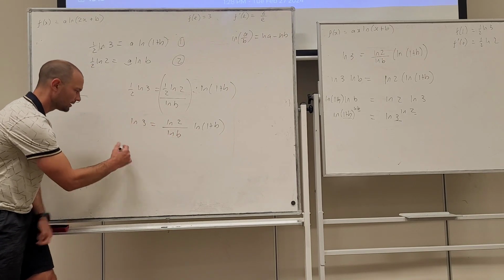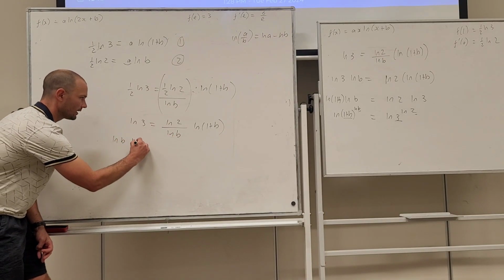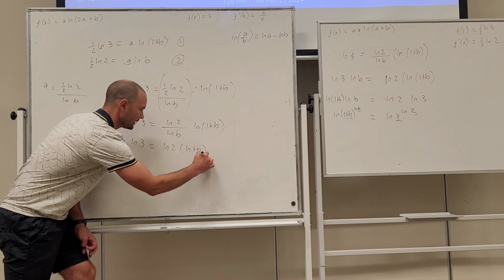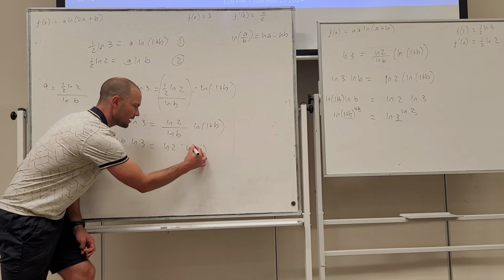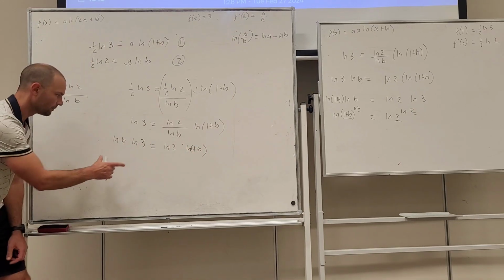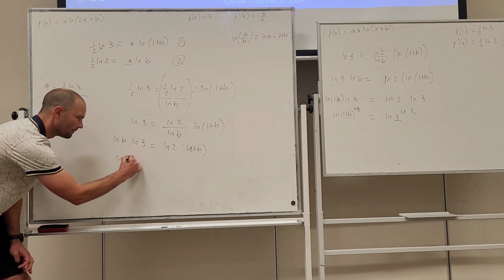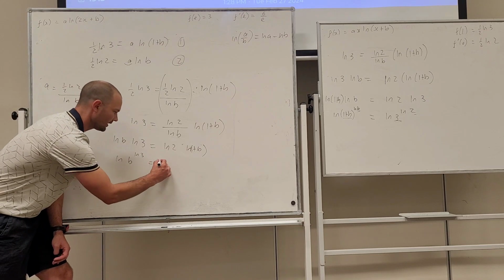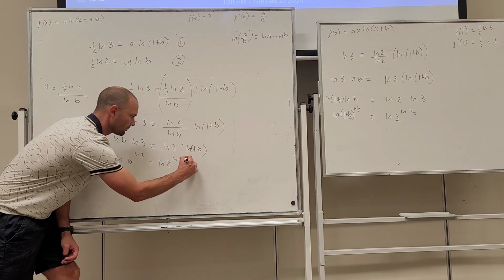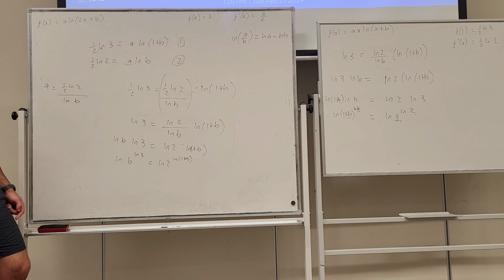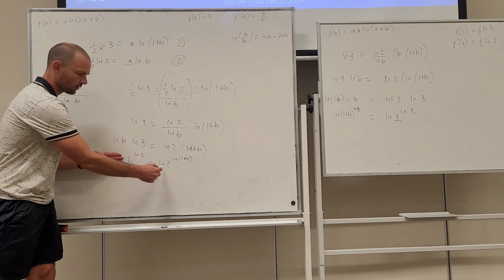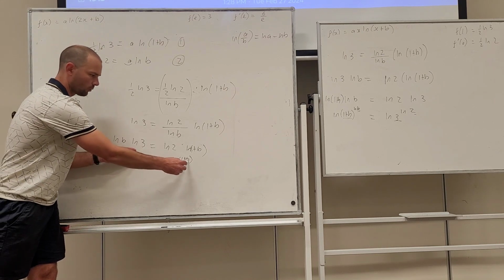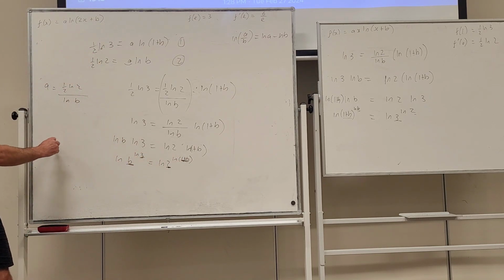Now I'll cross multiply the ln B, so I have ln B ln 3 equals ln 2 times ln of 1 plus B. And so this is how we can determine the value for B. We'll have ln of B to the power of ln of 3, and over here ln of 2 to the power of ln of 1 plus B. And so these logarithms are going to be equal to one another. We've got B equals 2, and up here we've got 3 equals 1 plus B. And so that gives us the value of B.